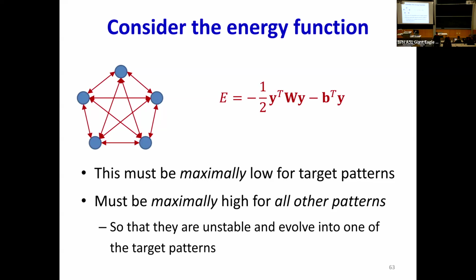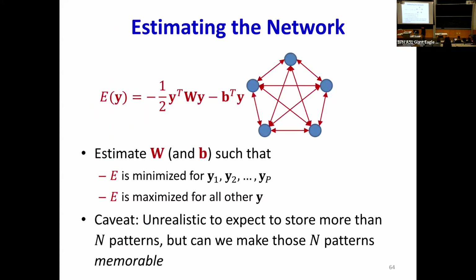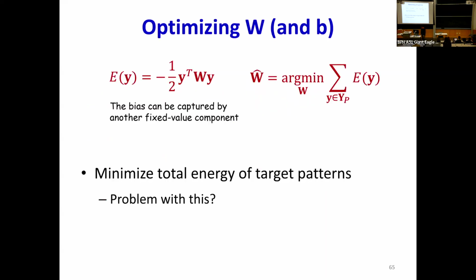You try to minimize it with some constraints. Thank you. So what I can do is add in the bias term, just to make it more complete. Here is my energy term again. I want to make sure that the energy is minimum at the patterns I'm trying to store, which means the sum of the energy at all of my target patterns must be minimized.